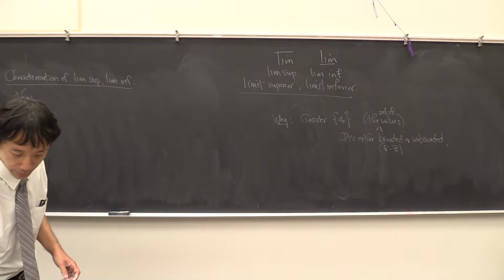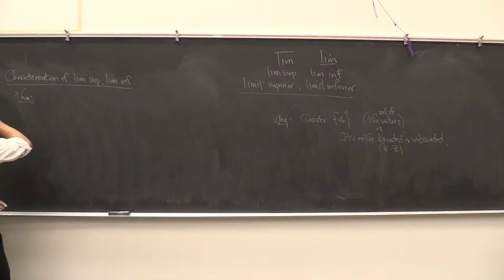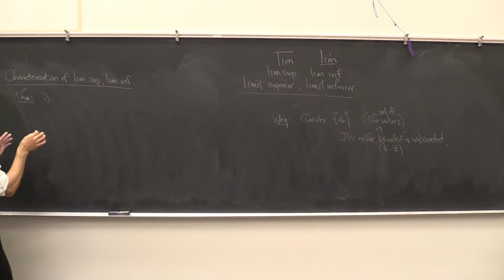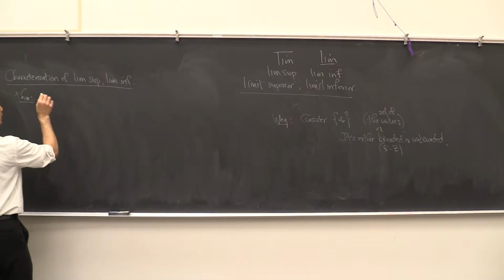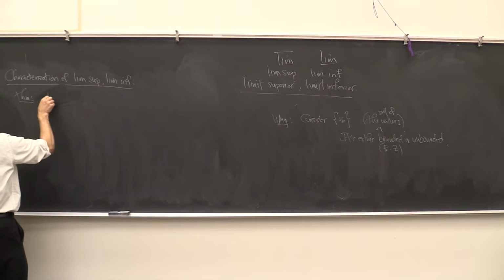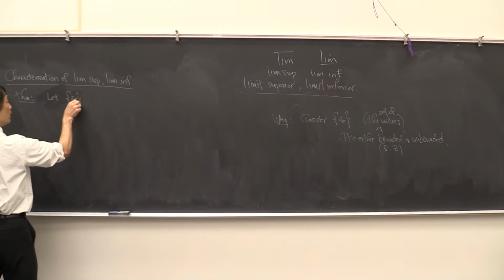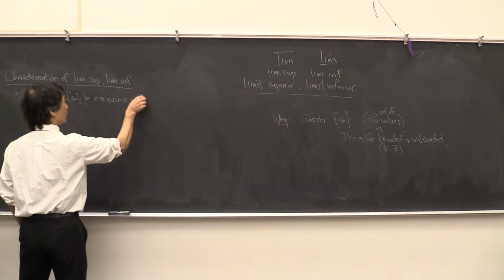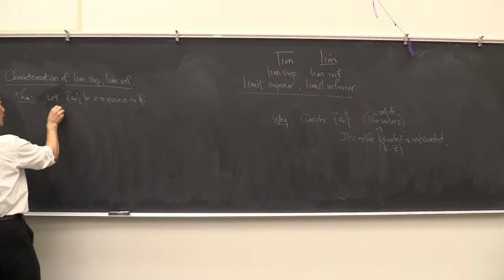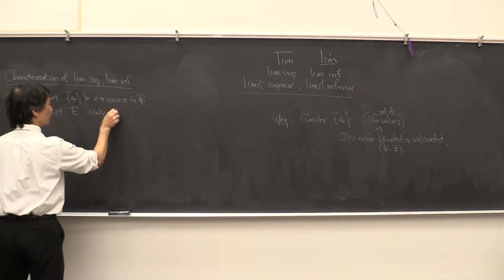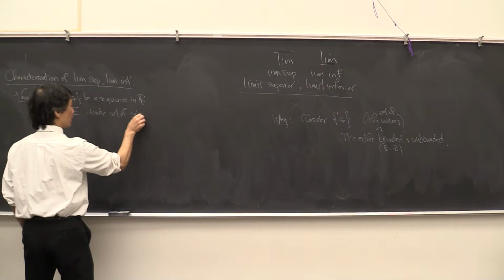Okay, so the characterization of the lim sup. There are three parts to this. Let a sub n be a sequence in R. Let, as usual, E denote the set of subsequential limits.